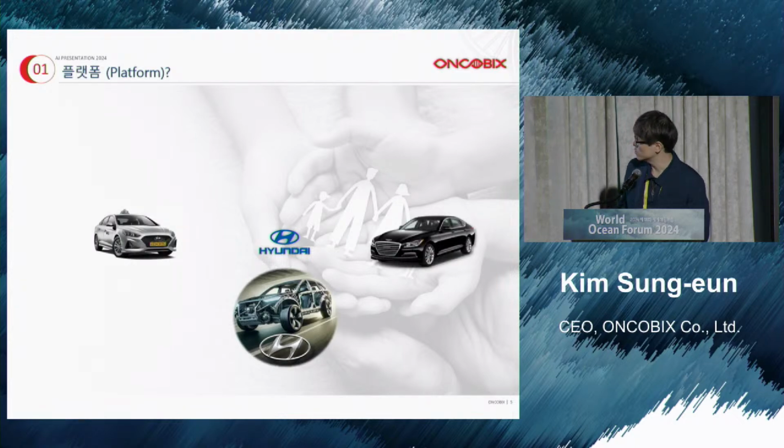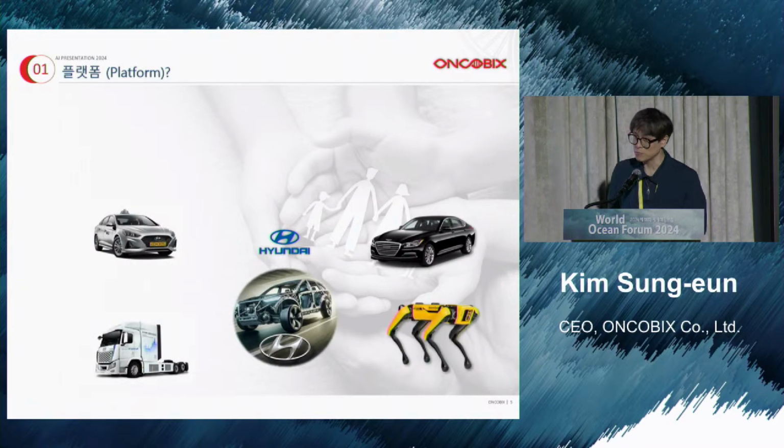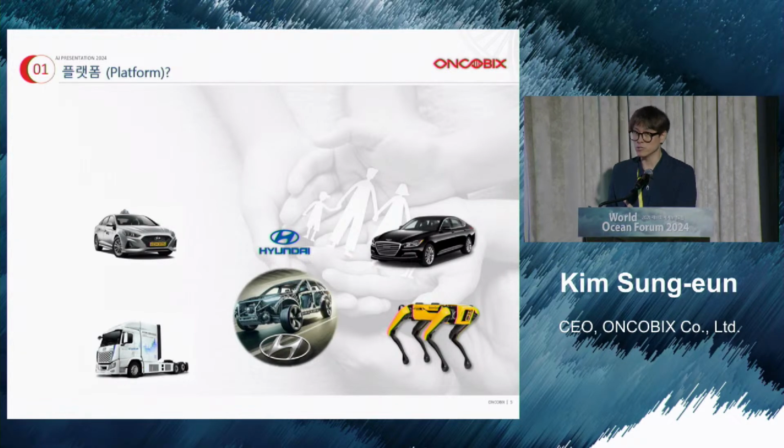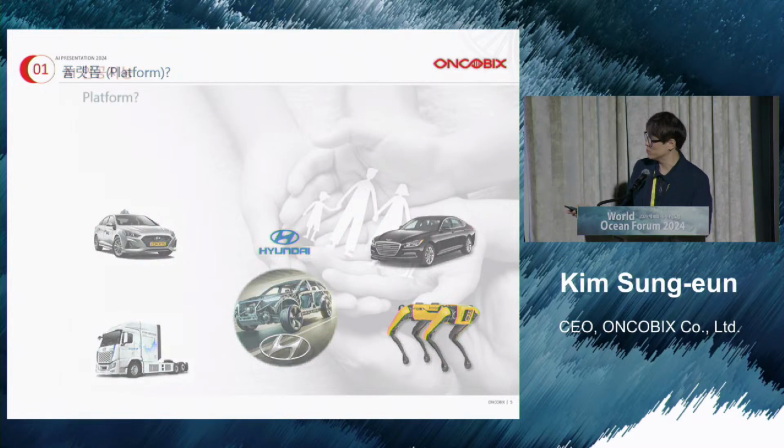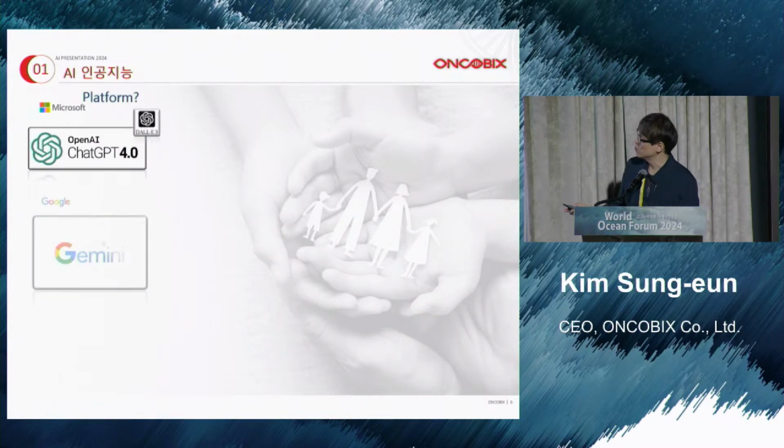And why is a platform important? We can develop various products on a single platform. Just like a vending machine, you can put in some coin and you can get drinks. And that is what a platform means, in my understanding.